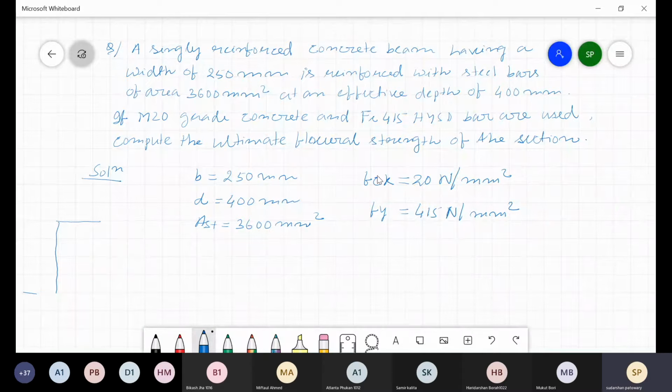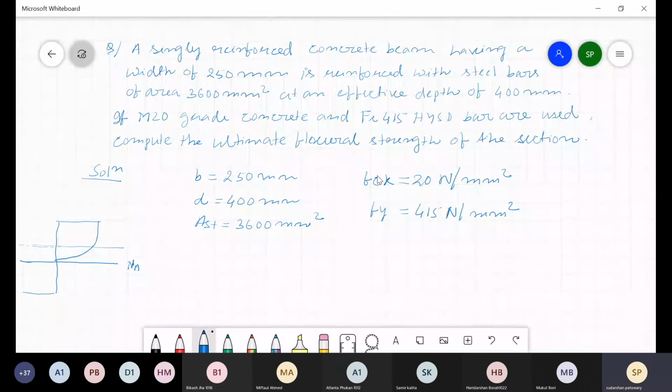If your actual neutral axis is below your critical neutral axis, then what type of beam is it?